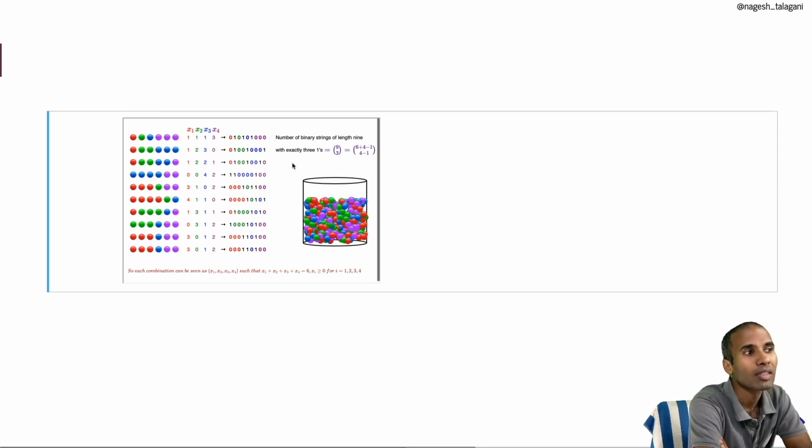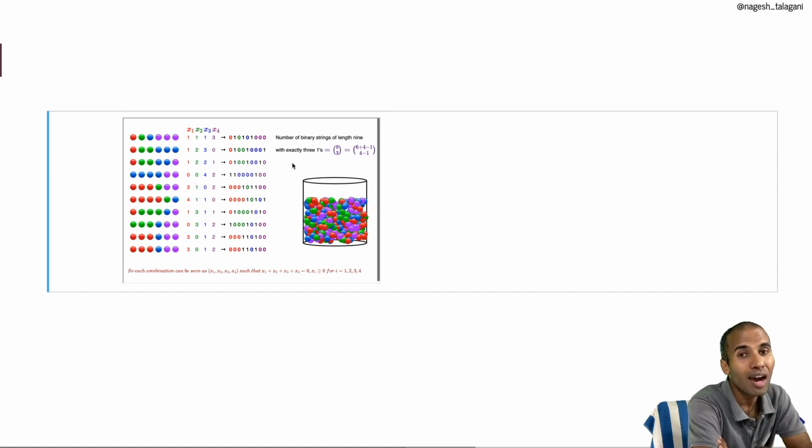The number of zeros we are using is exactly equal to the number of gems we are grabbing. The number of separators is 1 less than the number of colors available. If we have 5 colors, we would have used 4 separators. If there are 6 colors, you would have used 5 separators.